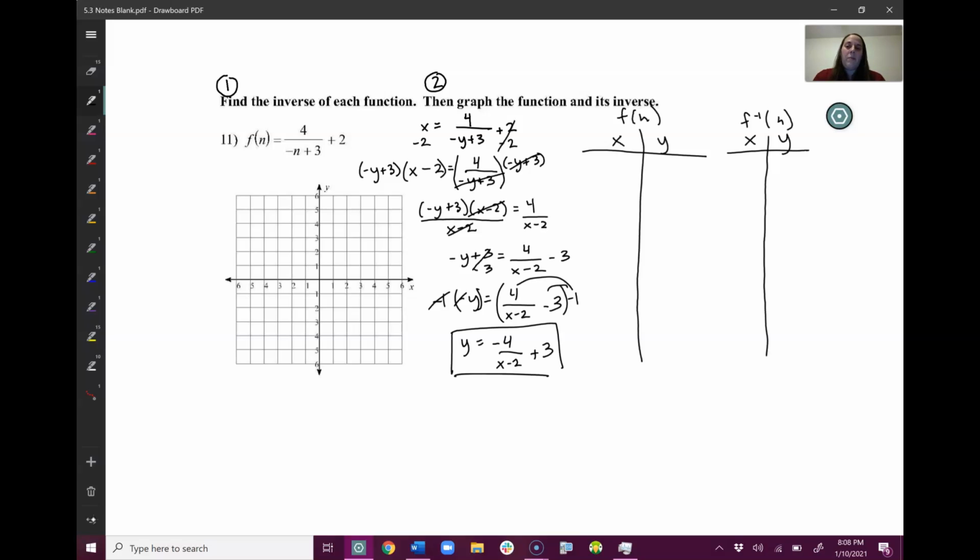So the ones I'm going to pick are 0, 1, 2, 3, 4, 5, 6. I just pick those out of my head. And I'm going to plug all of those into my original equation. Now, easiest way to do that, just type it all into your calculator. But to save some time, I'm just going to give them to you all of what they would be.